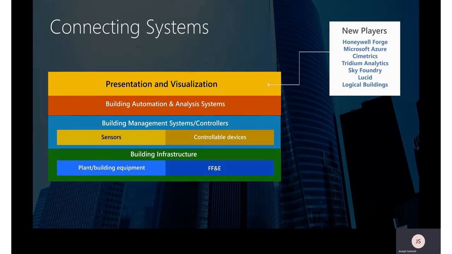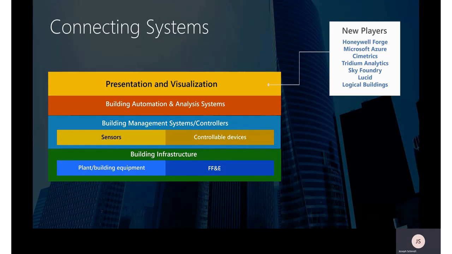And one to highlight is the Honeywell Forge system. Honeywell Forge, the intent of that system really is to make that presentation and visualization, and ultimately your understanding of the data and connected systems, easy and accessible for not only you as the municipality, but also for your constituents to understand, okay, what are we doing and how are we doing it?